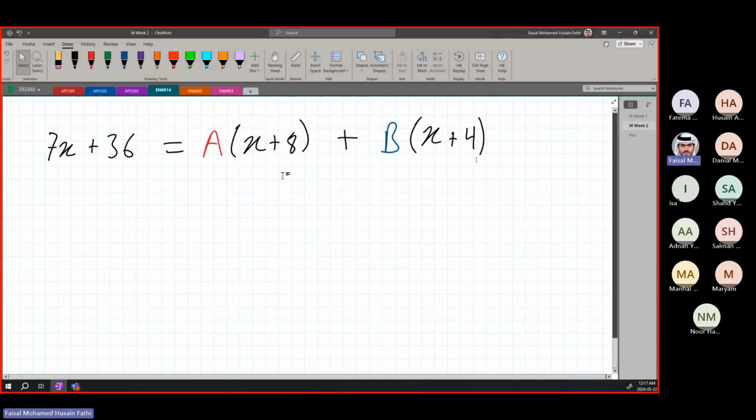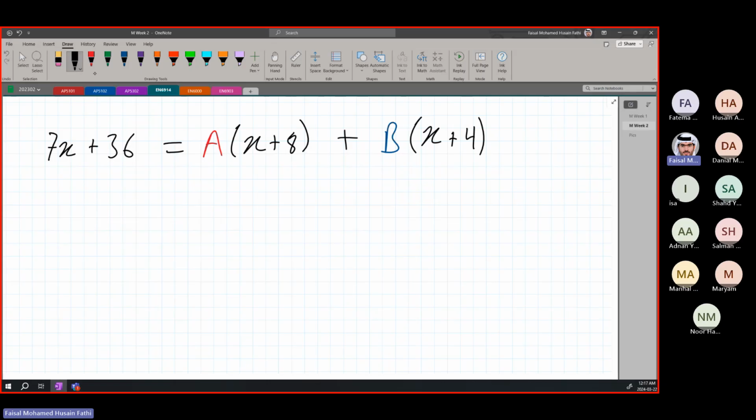Now there are two different methods where you can solve this. I'm going to only use one method here, which I prefer. There are more than two, but there are two common ones. The method I usually use is to try to cancel out one of these expressions, either the x plus 8 or the x plus 4.